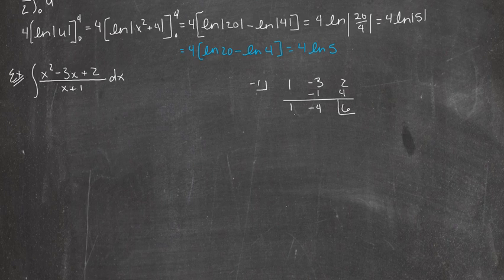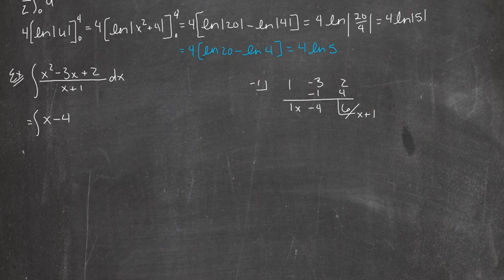So if I rewrite this whole rational expression using the results of my division, I see that I am looking for the integral of, 6 is a remainder, so it's a constant that still needs to be divided by x plus 1. And so this is 1x minus 4. Well, I don't really need to write 1x. I just put it there because I had a 1.